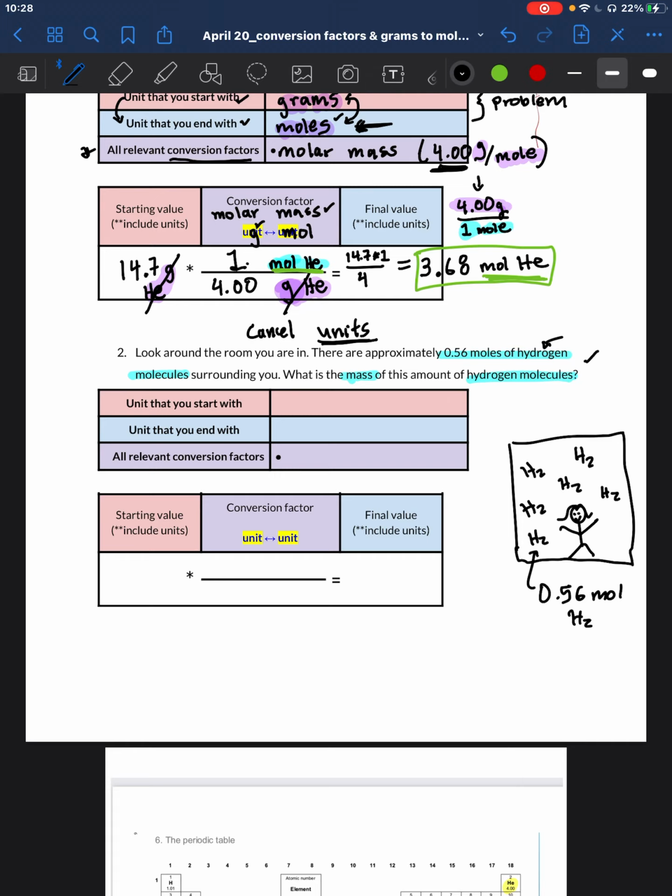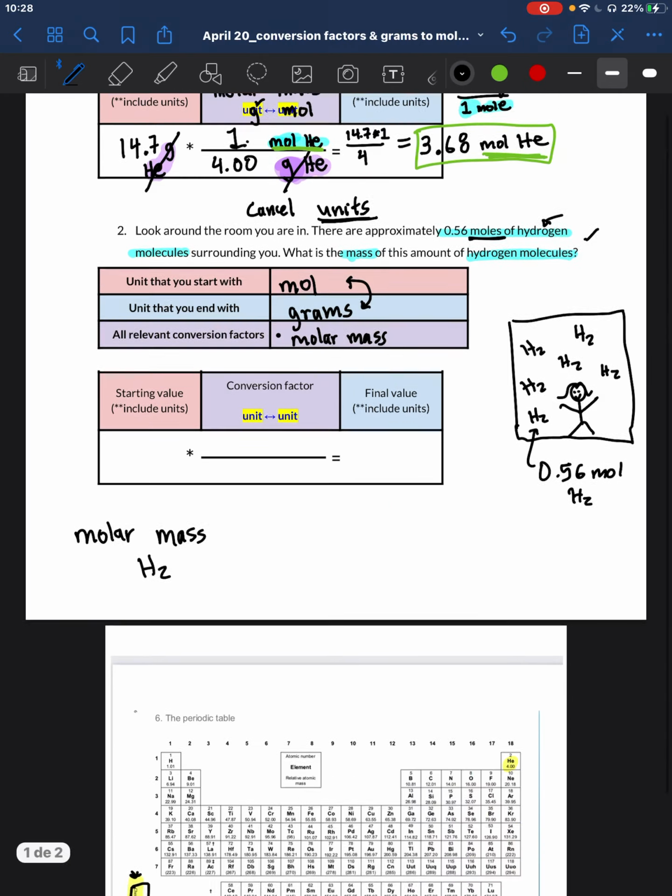All right, so this time the unit that I'm starting in is moles. The unit that I'm ending in is grams. Again, my conversion factor to go between moles and grams, either grams to moles or moles to grams, is molar mass. In this case, let's determine the molar mass of H2. This time we'll have to use the relative molecular mass.